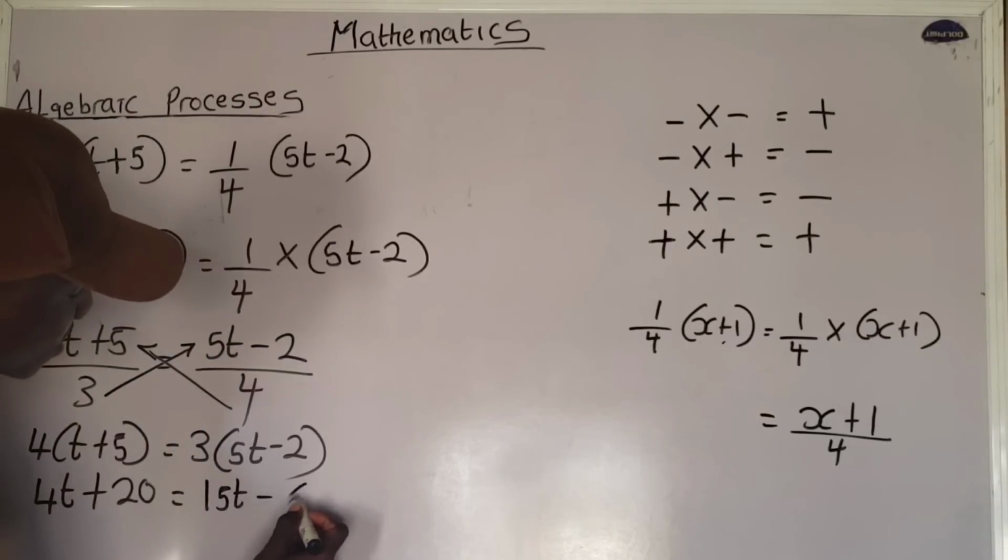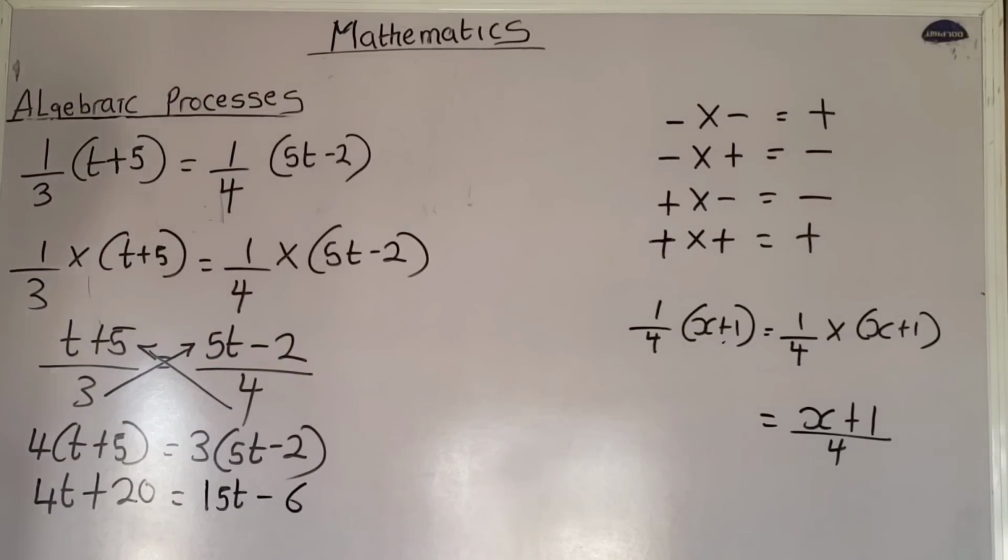Okay, so the next step here is to what? Collect like terms. You understand? I'm going to add the similar terms in this expression together. If this 15t crosses the equals sign to the left hand side of the equation, the positive sign is going to change to what? Negative sign.